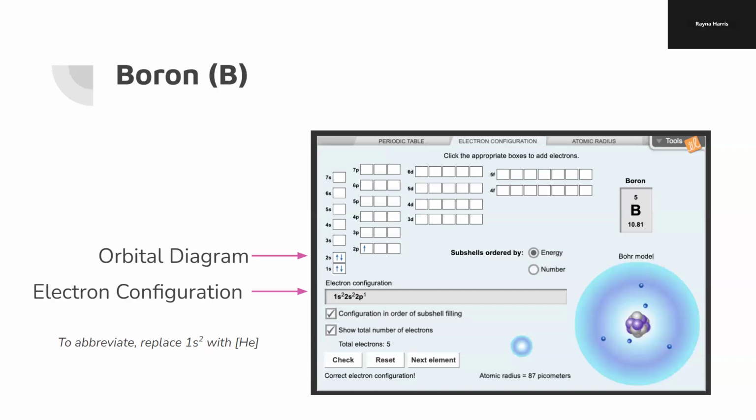So we've got like 10 minutes. The orbital diagram is these boxes with arrows. So that is called the noble gas configuration.